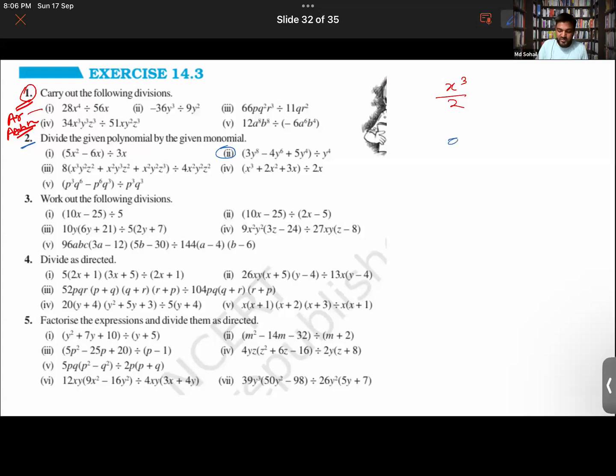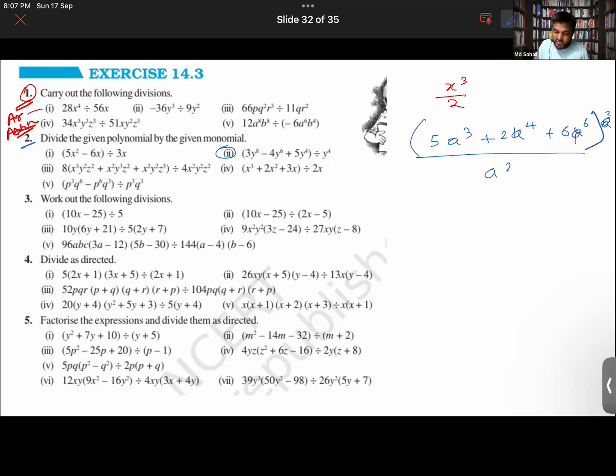For example, 5a cube plus 2a raised to the power 4 plus, let's say again, 6y raised to the power 6, and it is divided with a or a square. Getting it now? Yes, sir. Divided with a square. So here you can see that you are not getting anything common in them.